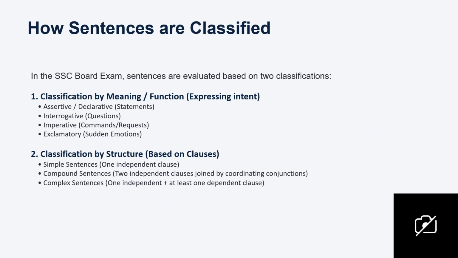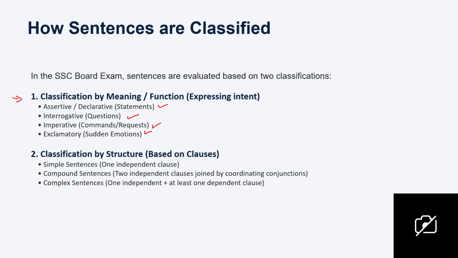Assertive, another name can be declarative as well, which is a simple sentence. Interrogative is a question. An imperative sentence will be a command or request, when we are commanding or requesting something. Exclamatory, when we have some sudden emotions or feelings that are being expressed in a sentence, that is an exclamatory sentence. So this is the first type of classification.